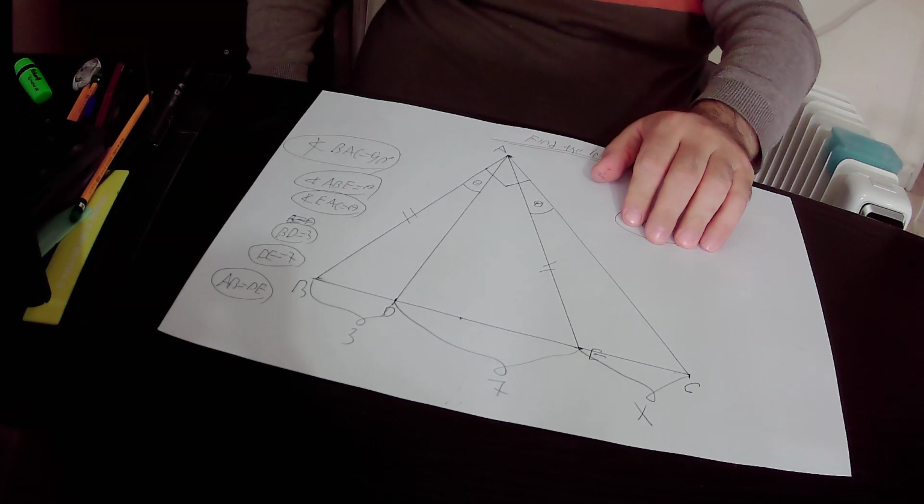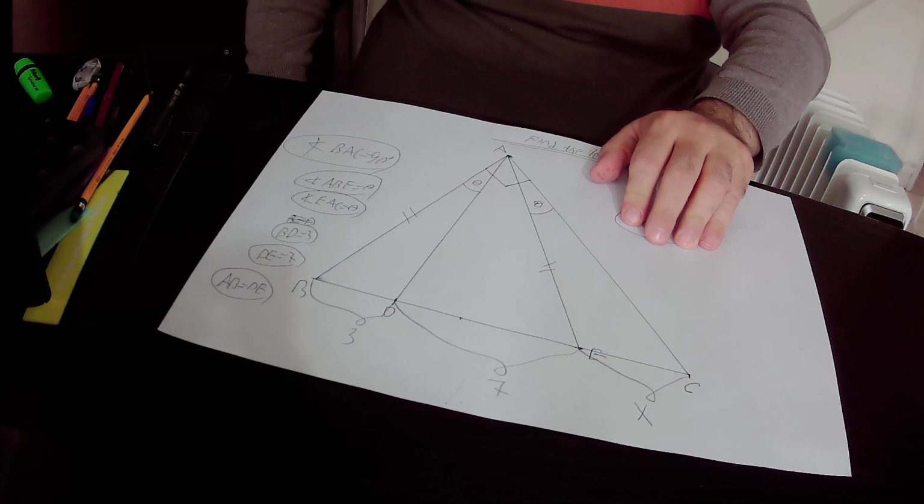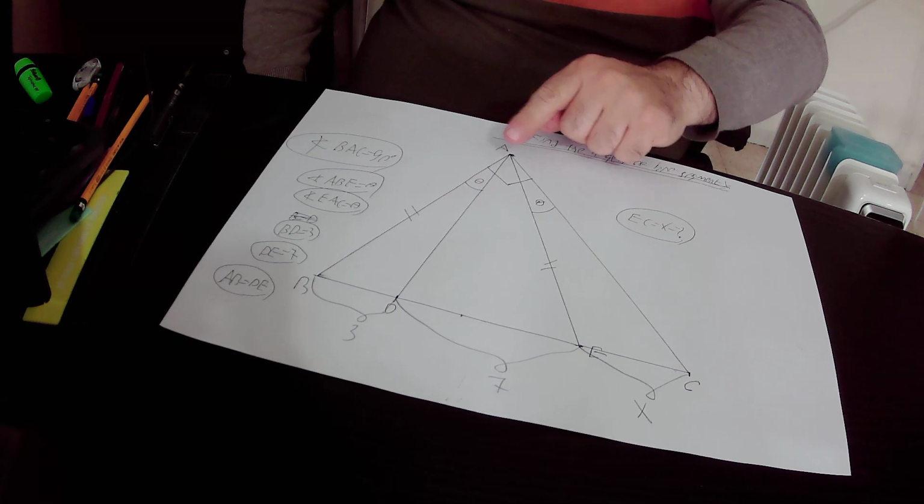So in the first step we will draw a perpendicular from point A to BC.